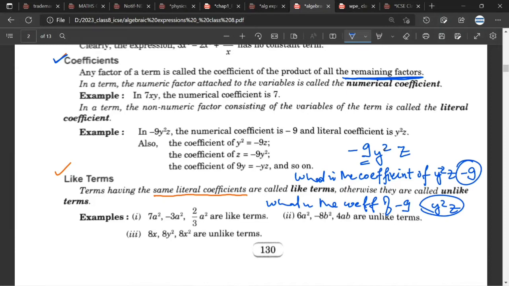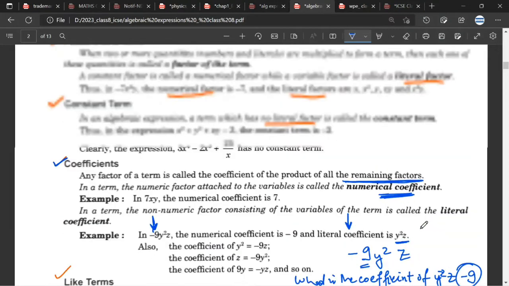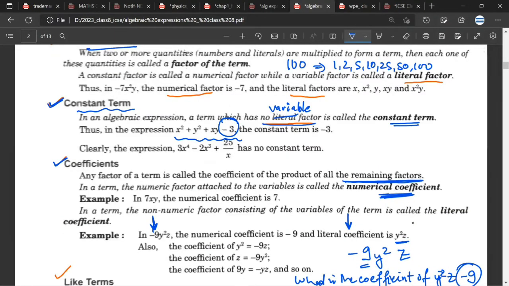And in a term, the numeric factor attached to the variable is called the numerical coefficient. So for example, in this case, this minus 9 is the numeric coefficient, and this y square z would be called the literal coefficient or the variable. Very simply, what you will be using again and again: for example, I am writing 7xyz square.